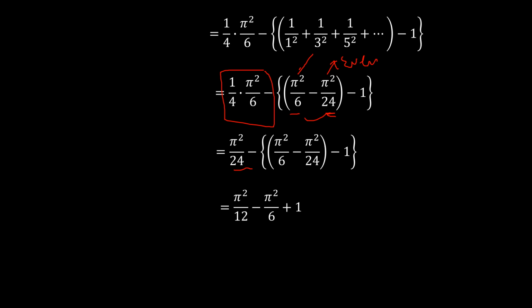And then since we have pi squared over 6 here, we'll just keep the minus 6, and the minus and minus here amounts to a plus here. So pi squared over 12 minus pi squared over 6 is what we see here, and when you perform that, this becomes negative pi squared over 12. So we now have this plus 1 minus pi squared over 12, and this is the final answer.